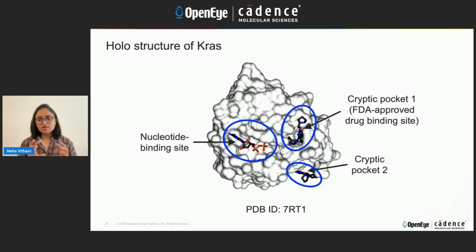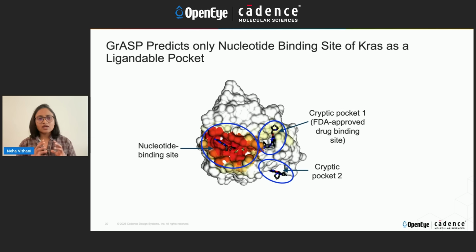We remove ligand molecules from this holo structure and use the GRASP model to predict ligandability in these pockets. The GRASP model, which was trained on datasets that were biased towards nucleotide binding sites, was able to predict only the nucleotide binding site to be ligandable, and it fails to identify the cryptic pockets as ligandable binding sites.